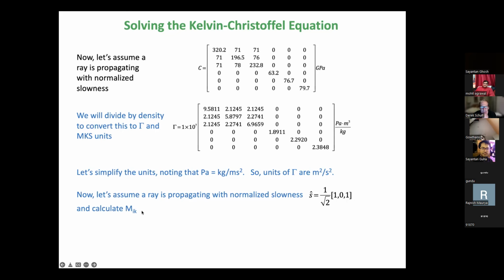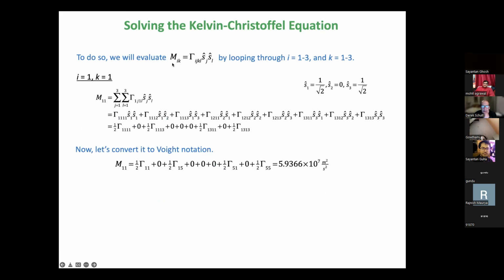Now first, let's calculate M_ik. So M_ik is gamma_ijkl times s_j and s_l. So we will loop through i equals 1 to 3 and k equals 1 to 3, because these are the free indices, and we will calculate, as an example, i equals 1 and k equals 1.